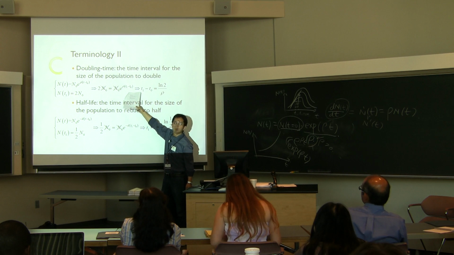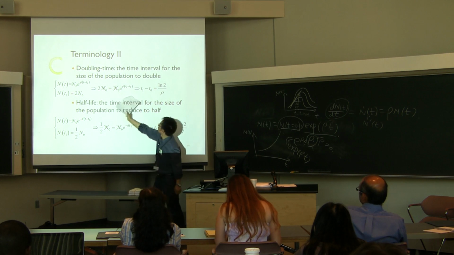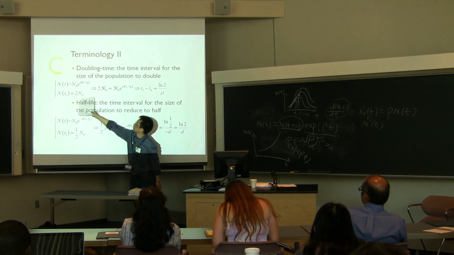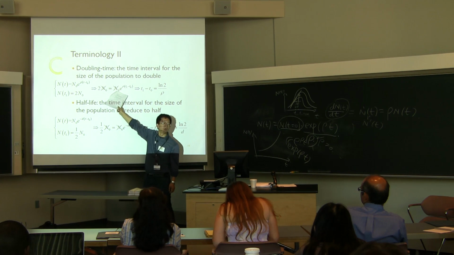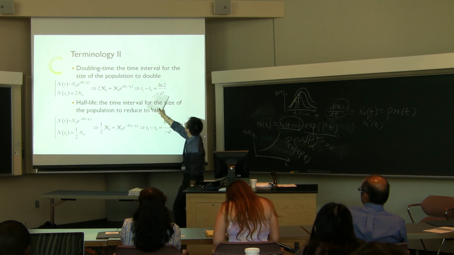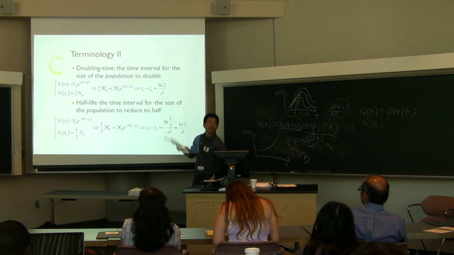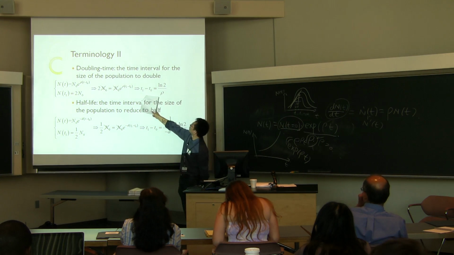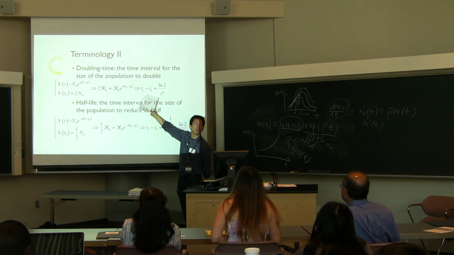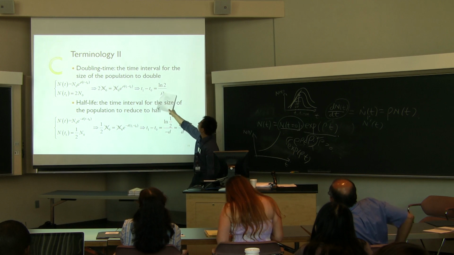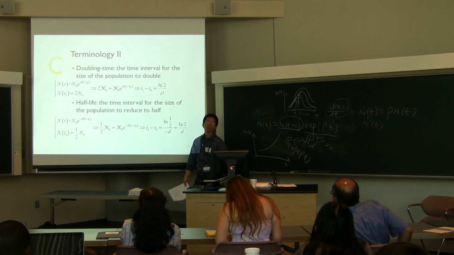The 2 and N0 just come from here. Now you cancel out N0 because both sides have N0, and what's left is this one. Eventually you will find the time interval you need, the difference between T1 and T0, which is equal to log 2 divided by rho.